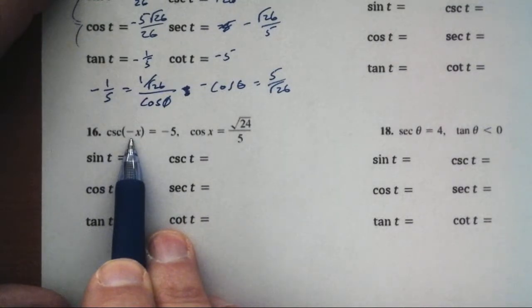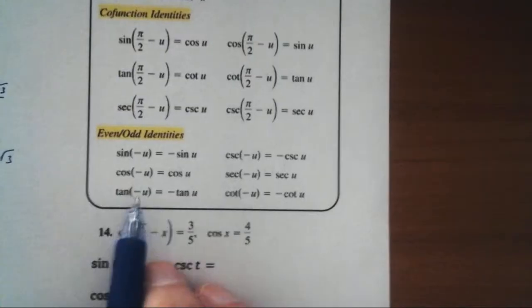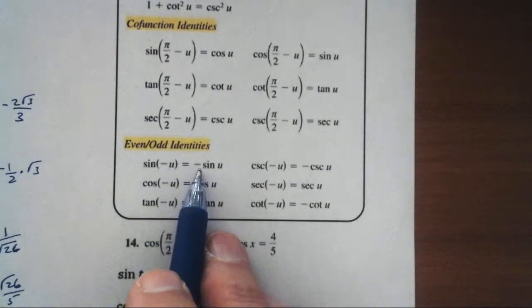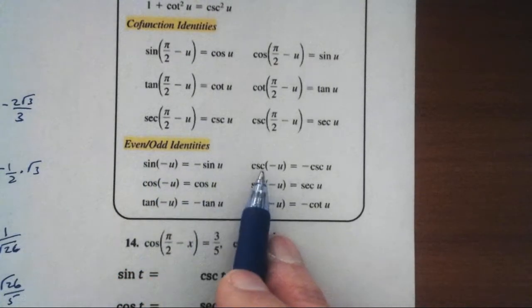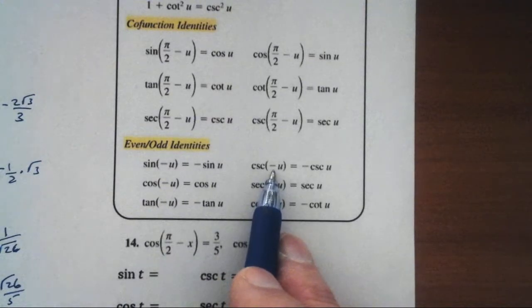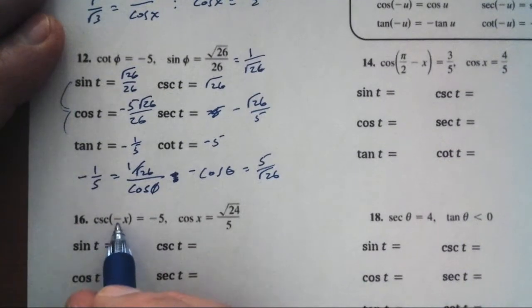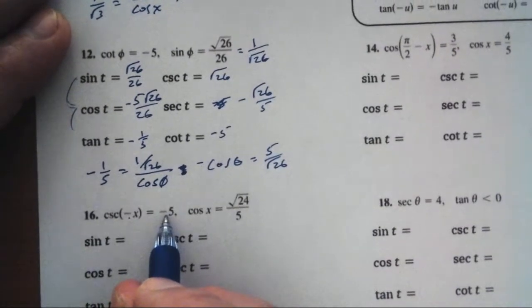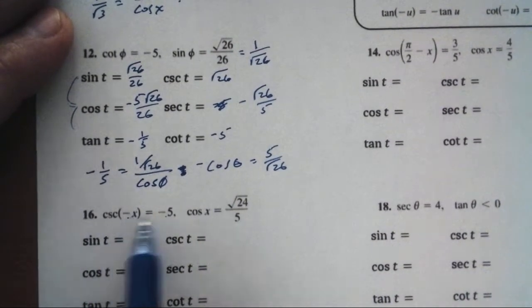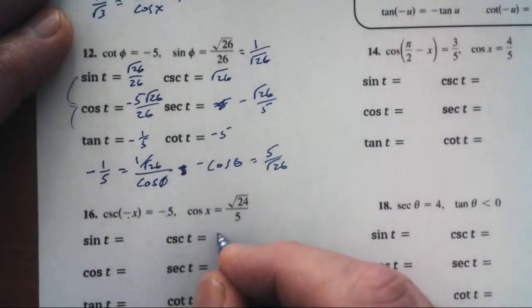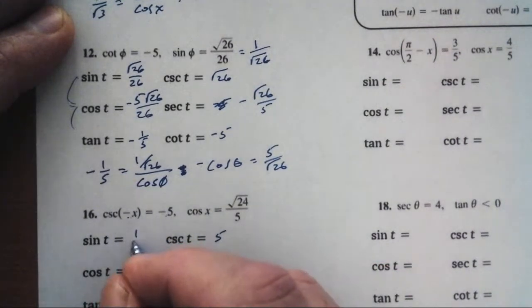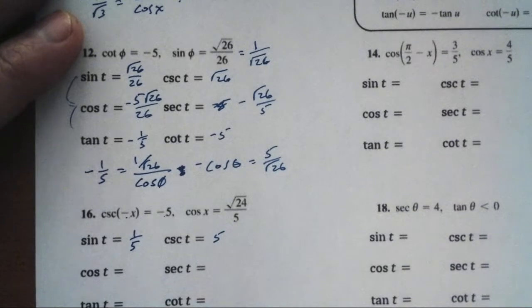Cosecant, like sine, is an odd function. Sine to the left is the opposite of sine to the right, and cosecant to the left is the opposite of cosecant to the right. Cosecant to the left is negative 5. Cosecant to the right must be 5, making sine 1/5.